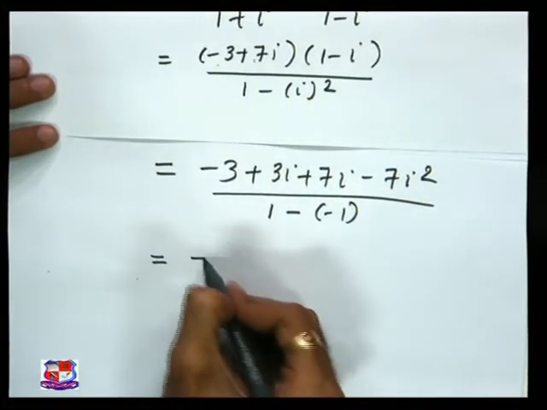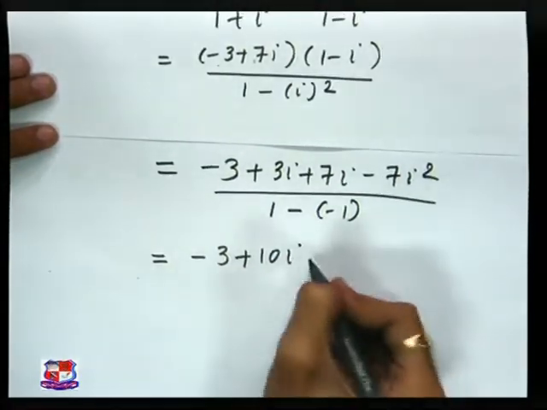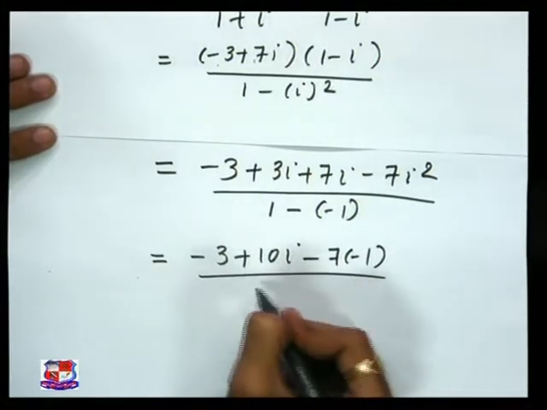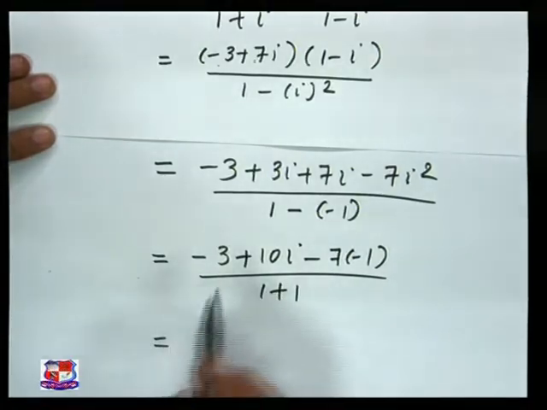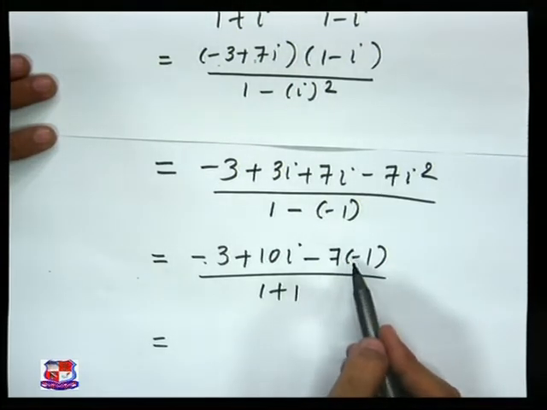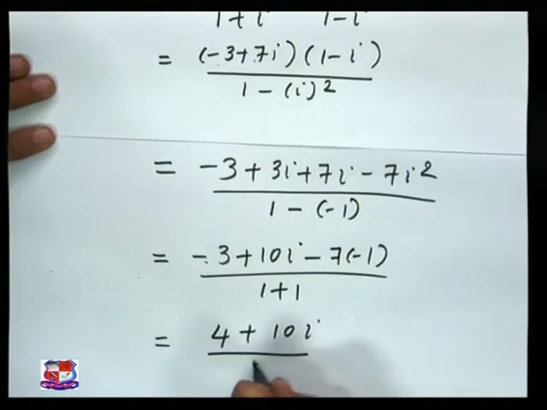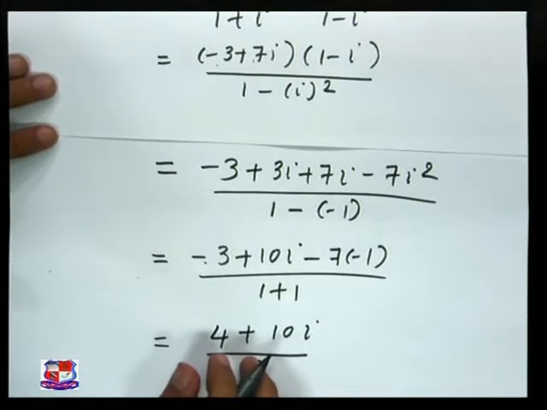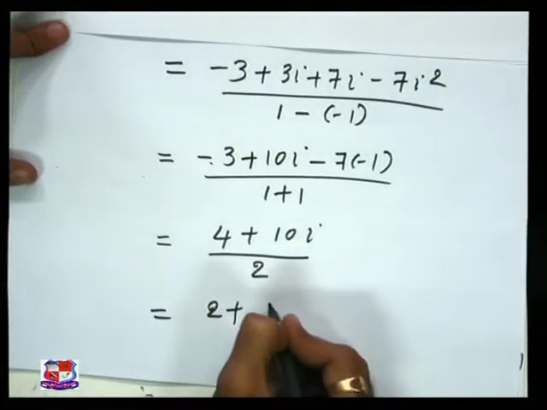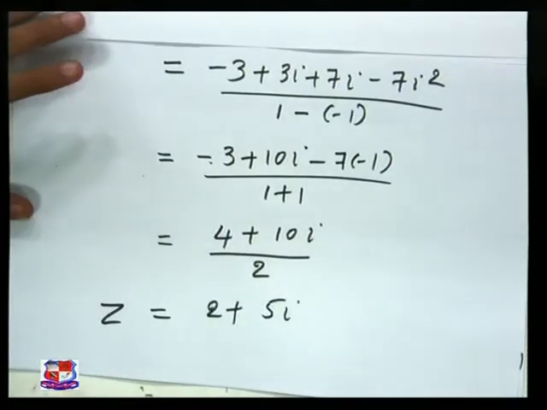So here I will get minus 3i plus 7i, that is equal to 10i, and minus 7 into i square is again plus 7, and the denominator is 1 plus 1. So I will get minus 3 plus 7, that is 4, plus 10i divided by 2. Dividing by 2, I will get 2 plus 5i. So I will get z is equal to 2 plus 5i.